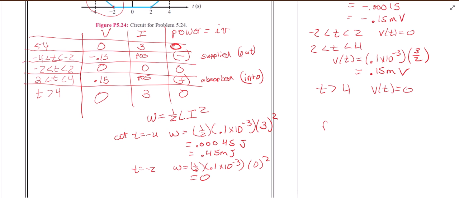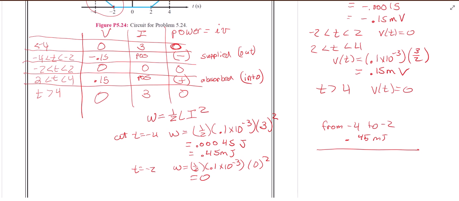So from -4 to -2, 0.45 millijoules was transferred out. Now you can see the shape of the curve is exactly the same from 2 to 4 on the other side, and so that is when energy is being absorbed.